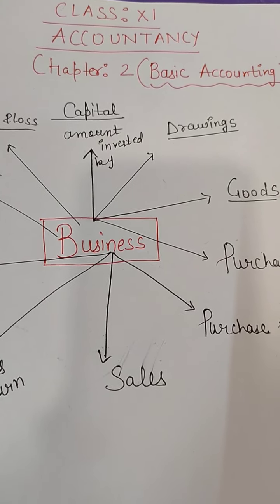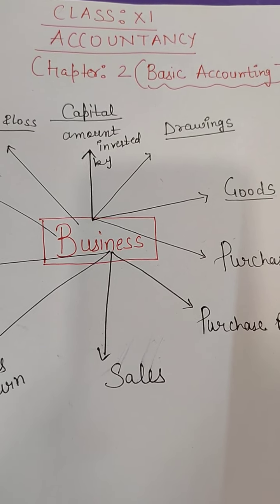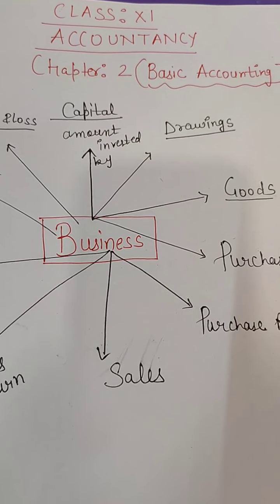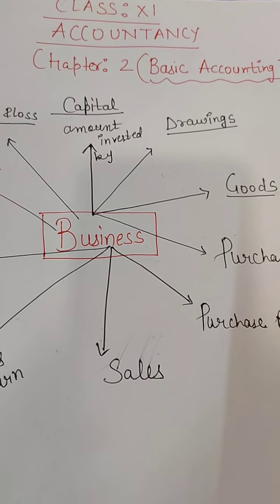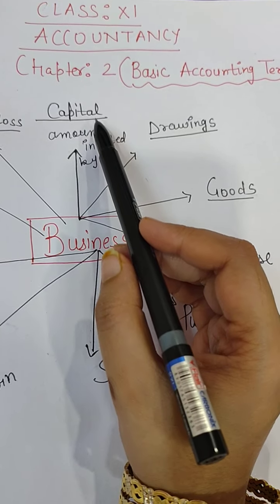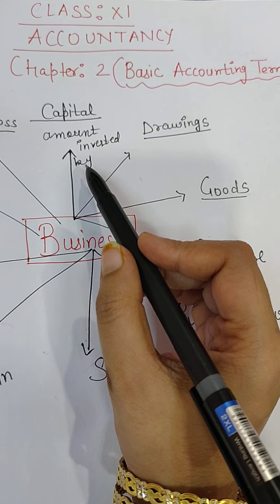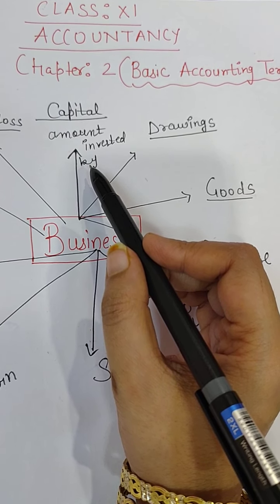So assets can also be capital, but that asset should have monetary value. Fine. So the amount with which the person is starting the business, that amount invested is called capital.